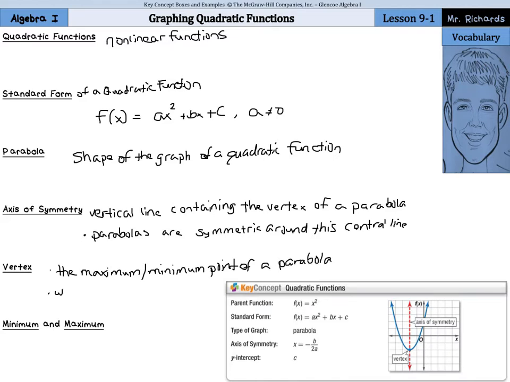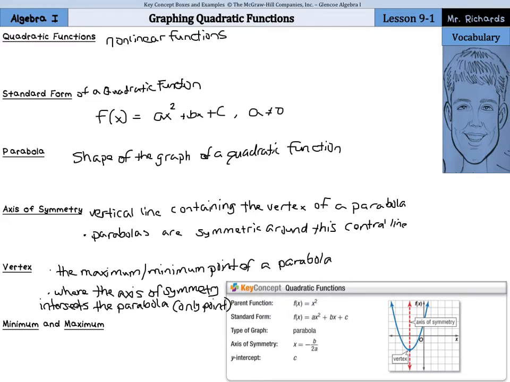And it is where the axis of symmetry intersects the parabola. And it's good to know that it's the only point that it does that.